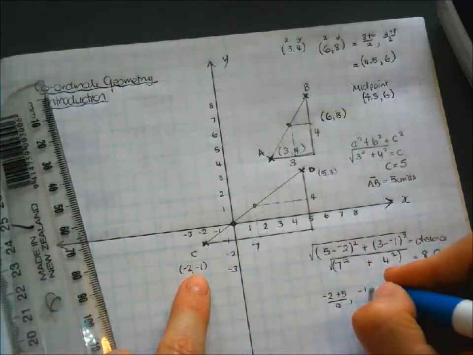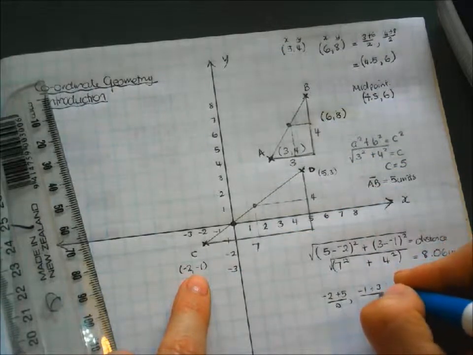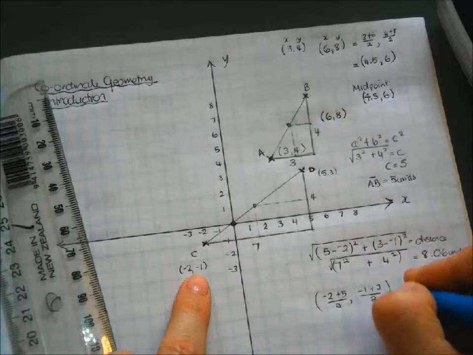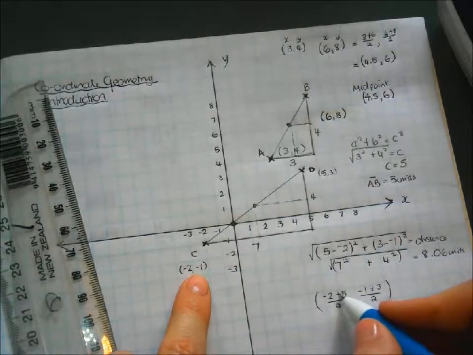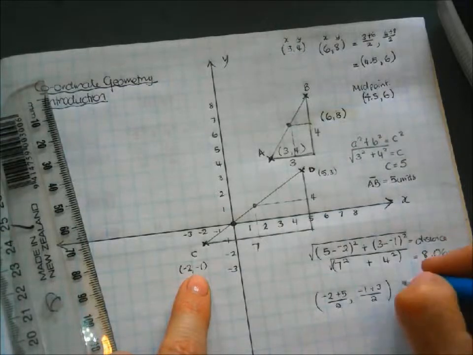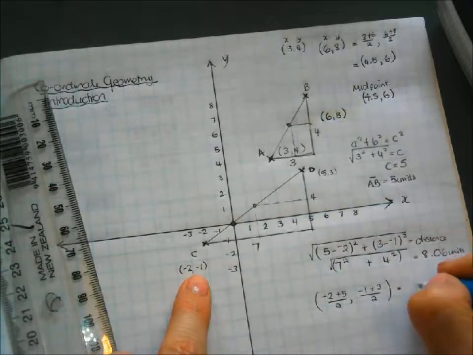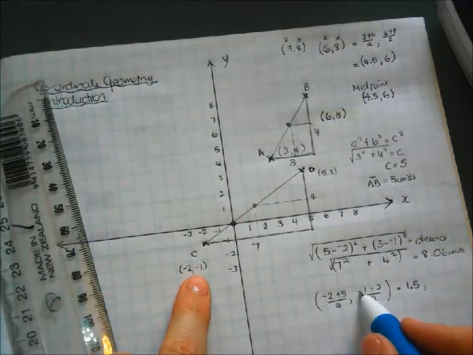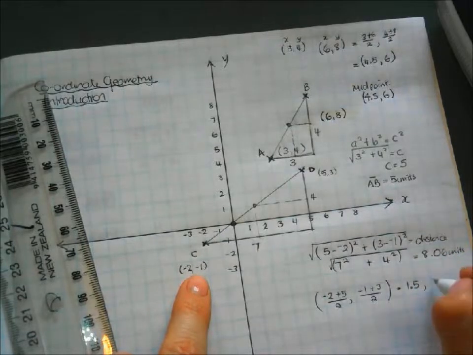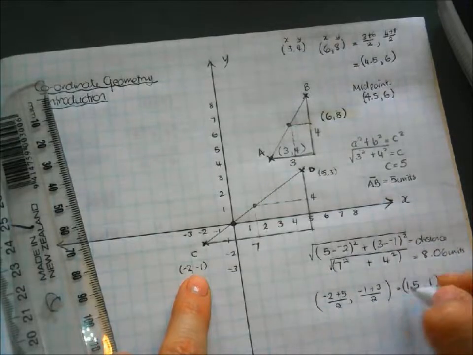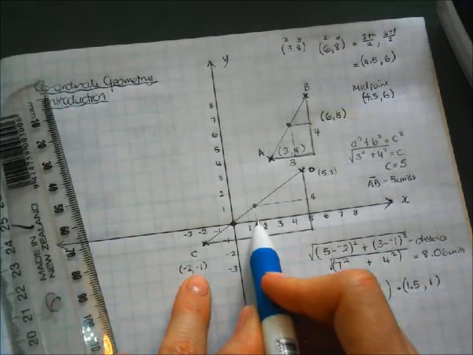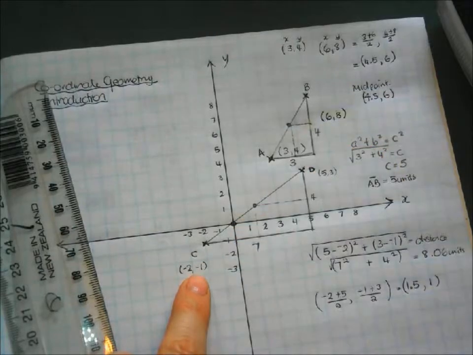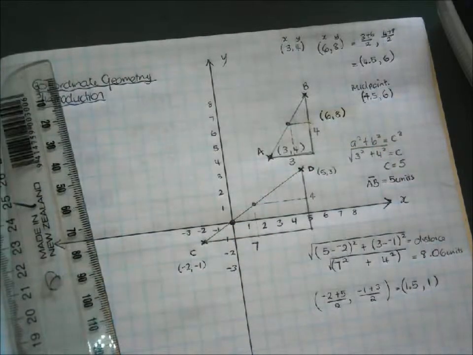Average the y points, -1 plus 3, all divided by 2, and we get -2 plus 5 is 3. 3 divided by 2 is 1.5. And -1 plus 3 is 2. 2 divided by 2 is 1. So let's check that. 1.5 along and 1 up. Yes, that is the location of the new midpoint.